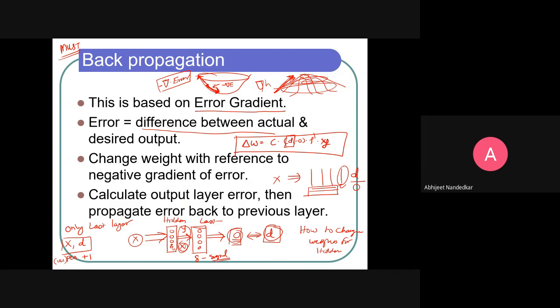That's why the name of this learning rule is delta learning rule. So this delta signal based on d minus o is computed for the last layer, and this delta is used to change the weights in the hidden layer. Suppose there is one more layer here, say hidden layer 2.